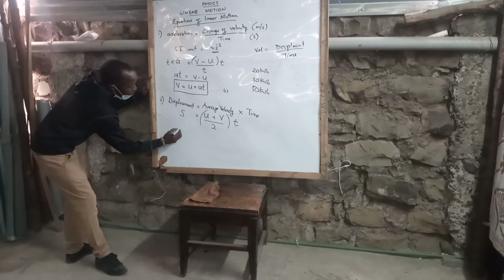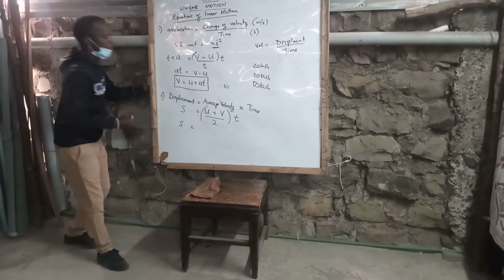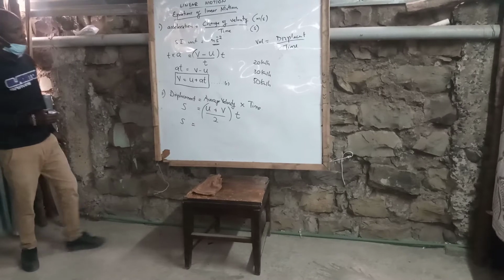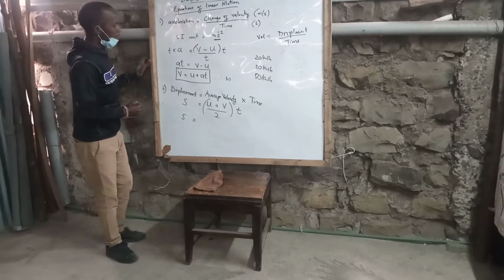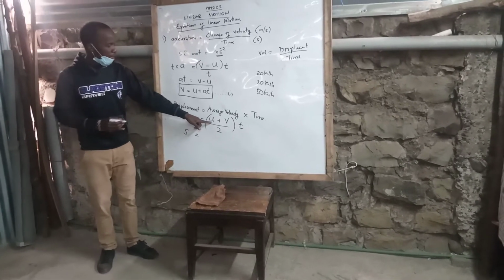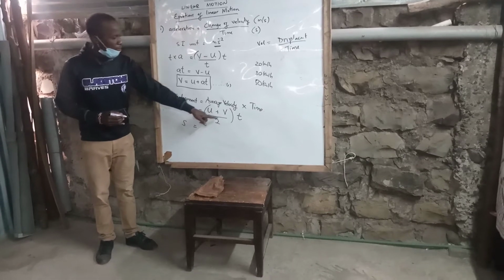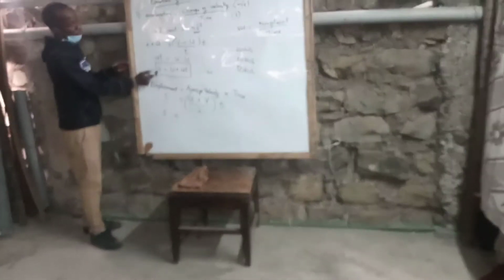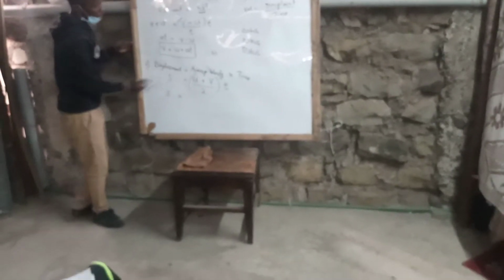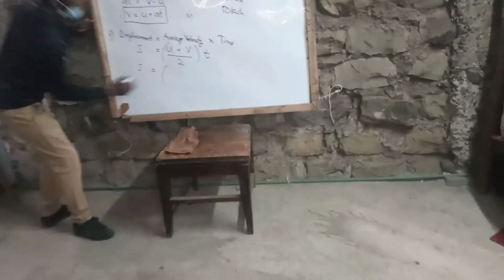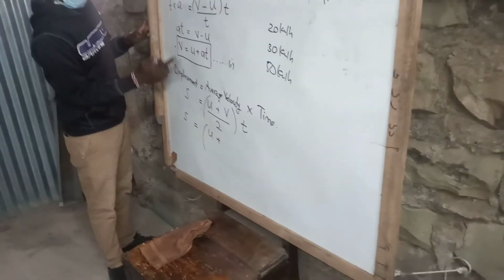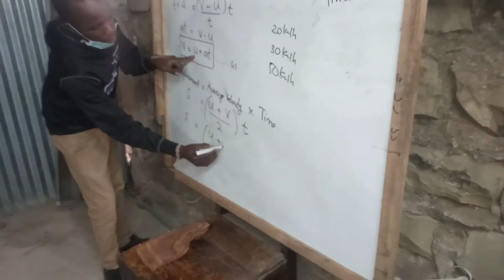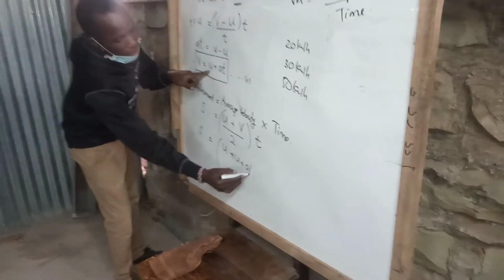So again, we revert to some mathematics, and we shall start by substituting v here. In the first equation, we found out that v is equal to u plus at. So that means here we shall have, instead of v, u plus at.